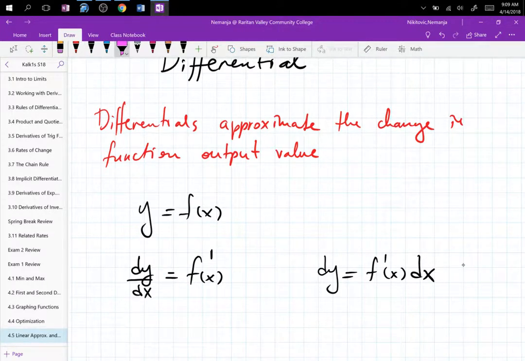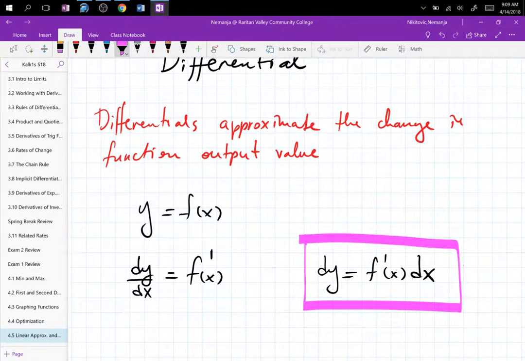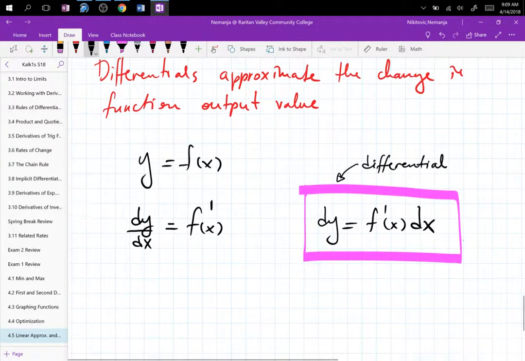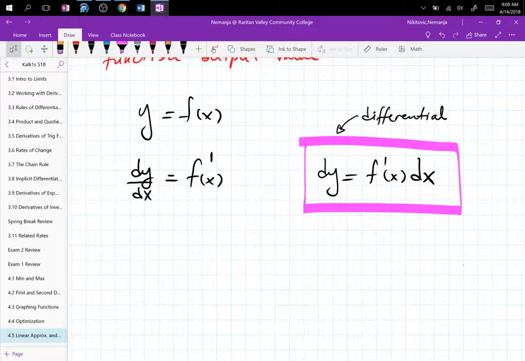This formula over here is known as the differential. This dy is called the differential. Now, what does this mean?